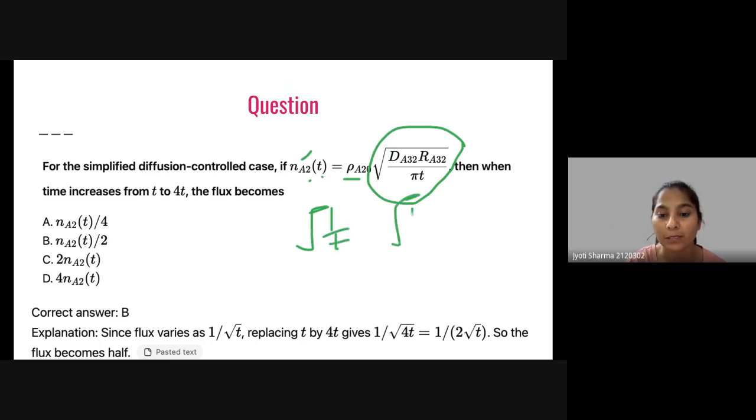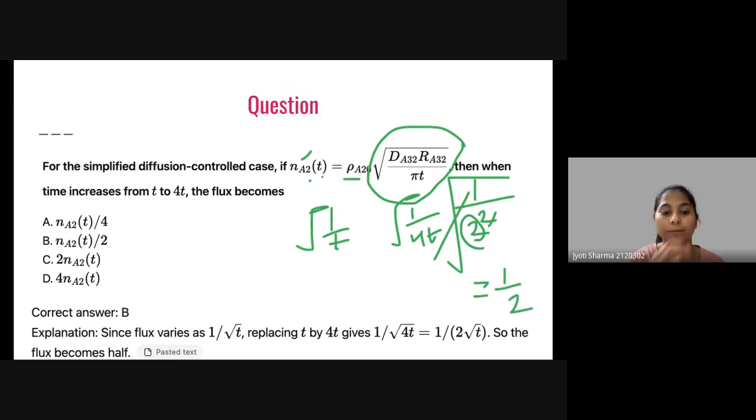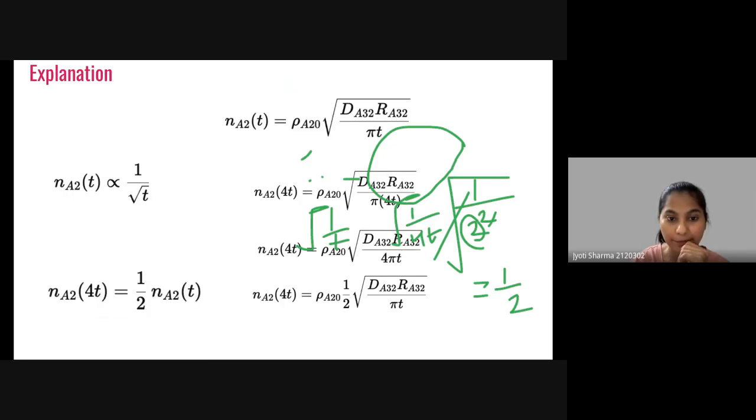So if it is 4t, and this 4 is nothing but 2 raised to power 2, so the square root of 4t will be double, and so this will be removed by this one, and this will be 1 by 2. So this will be half. So B is the right answer.